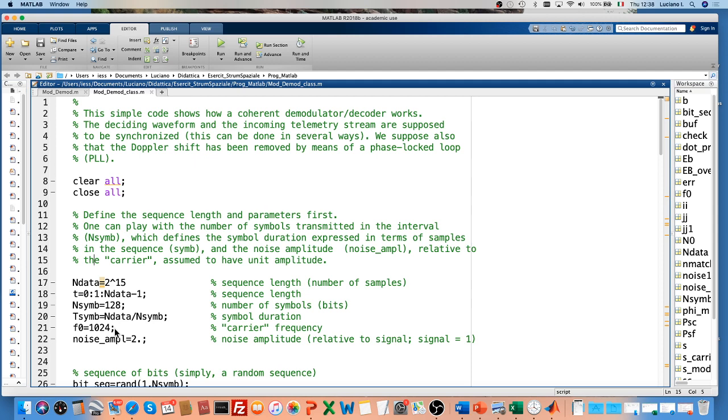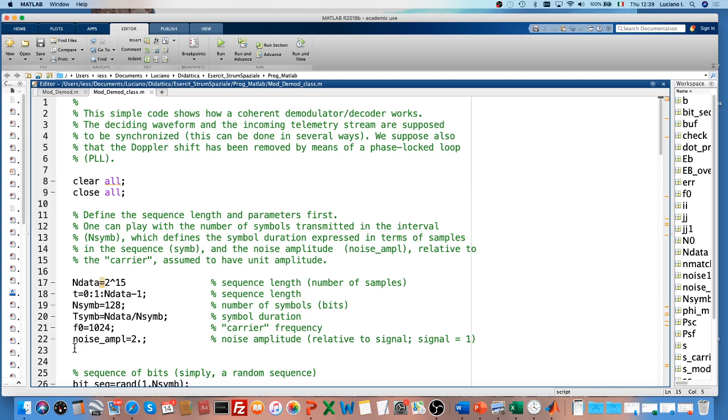Remember that omega c times bit duration must be much larger than unity. And the digital frequency that I'm imposing is 124, which is, not surprisingly, again, a power of 2.